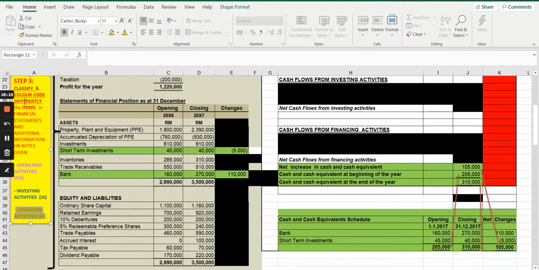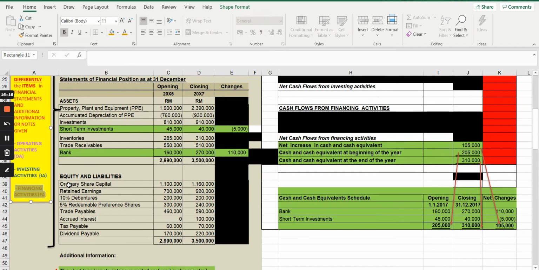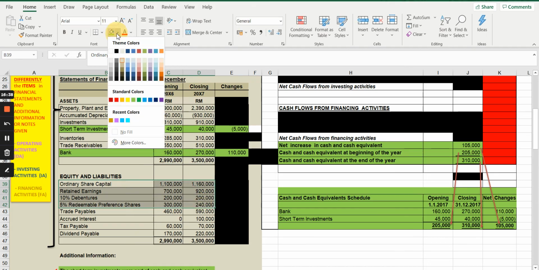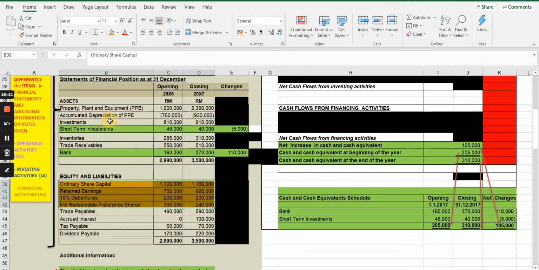So what we're going to do now is classify and color code. To keep things simple, first you need to find out what is under financing activities. Issuance of shares, share capital, reserves, and non-current liabilities are normally part of financing activities. I'm looking at this, including the redeemable preference share, so I will color code that as brown.